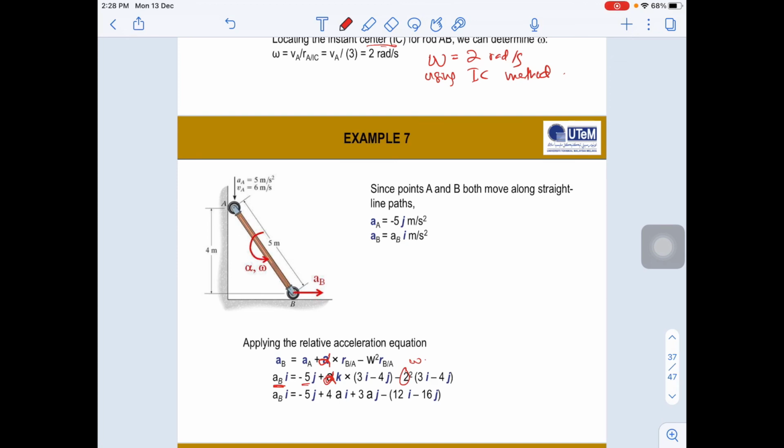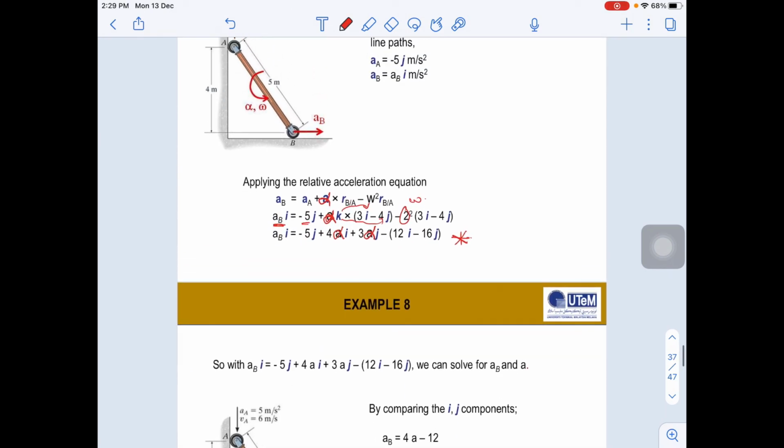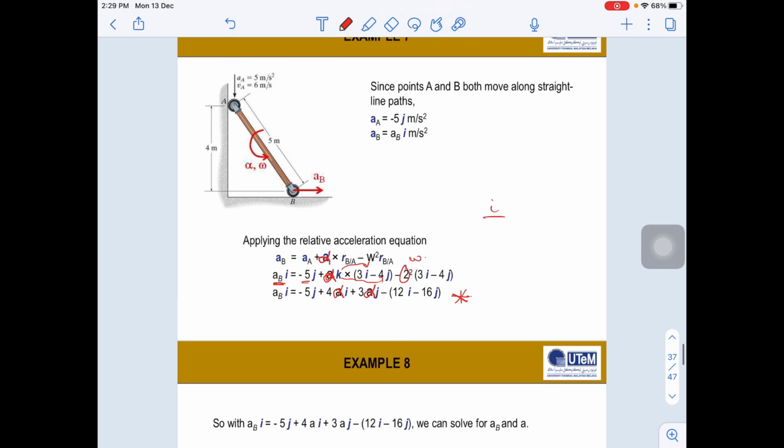So you find what is here is alpha. Okay, so k times i is j, k times j is minus i, right? And then you simplify, you get this equation, right? And then you separatekan between I and j.